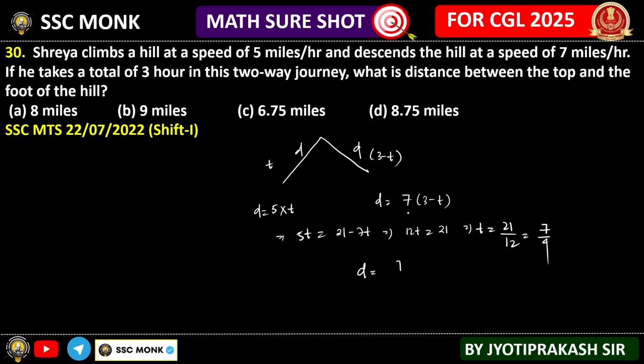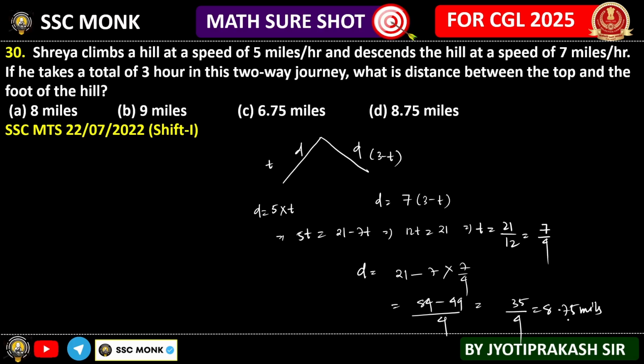7 into 3, 21 into 21 minus 7 into 7 by 4, or it can be written as 84 minus 49 by 4. That is equal to 35 by 4 miles. 4 8s are 32, 3 left, 4 7s are 28, 2 0 is 20.